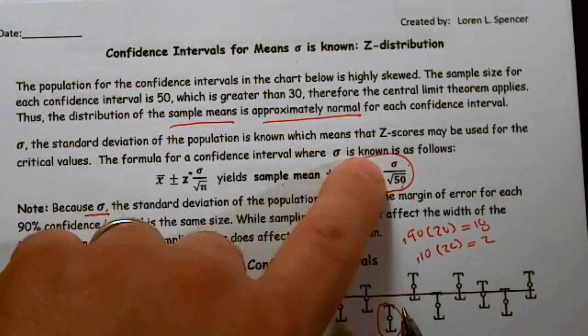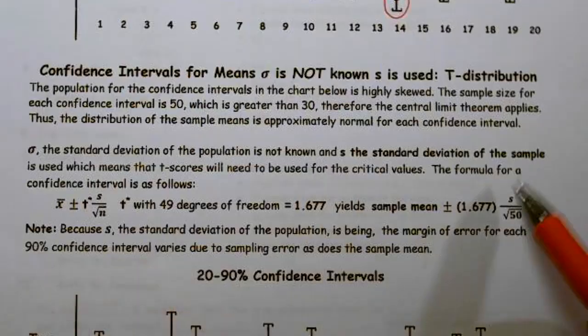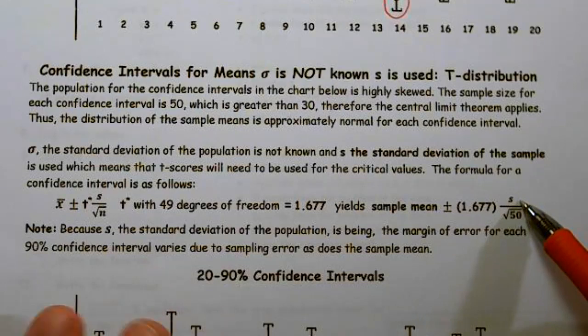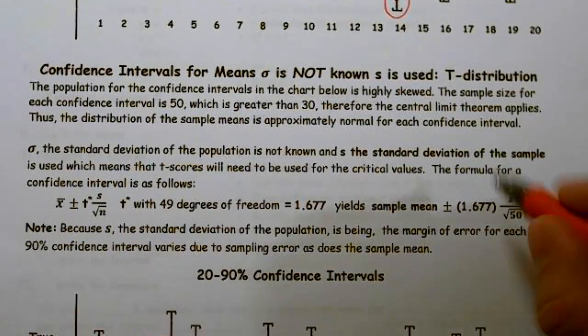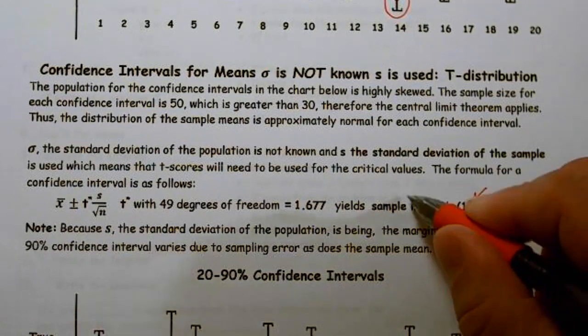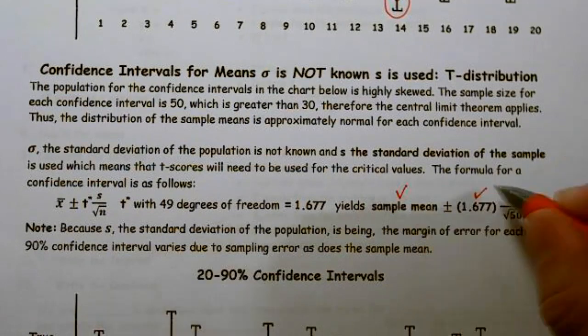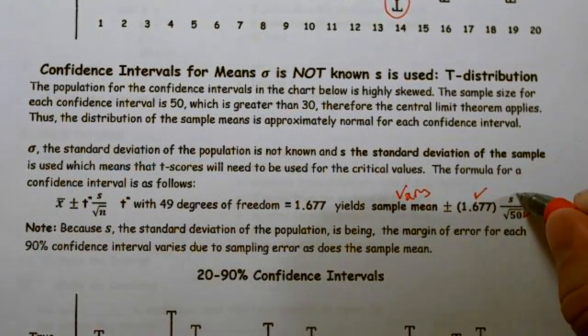Up here, the standard deviation of the population is known, so it didn't change. But every sample is different, so every standard deviation is going to be different. Consequently, some are going to be narrower and some are going to be wider. This value is constant. This value is constant. This one's going to vary. And this is going to vary.